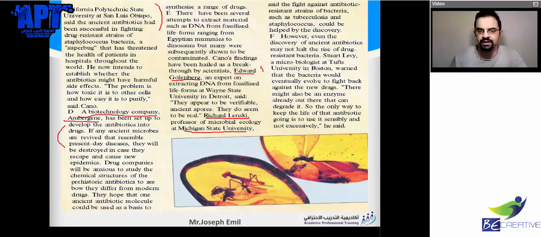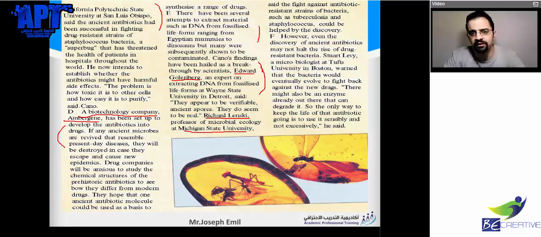So they say that Cano's findings were a breakthrough because previous DNA was polluted or contaminated. So previous DNA was contaminated, so Cano's findings were a breakthrough.